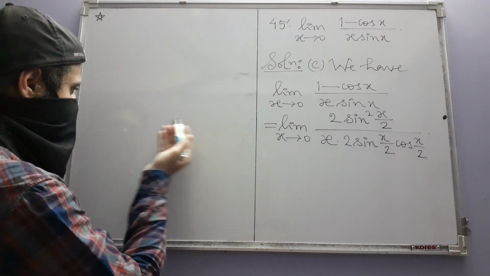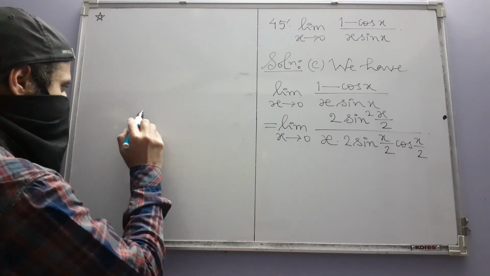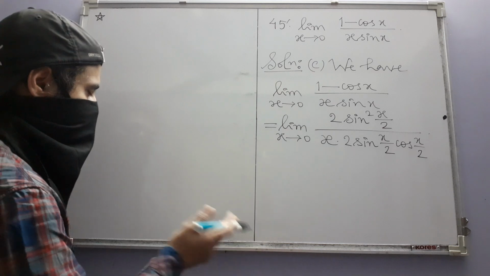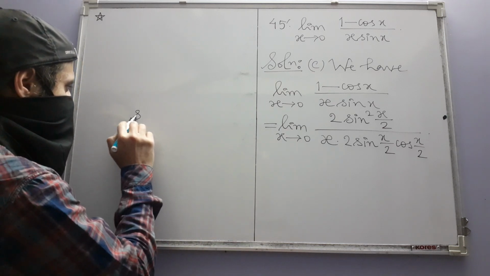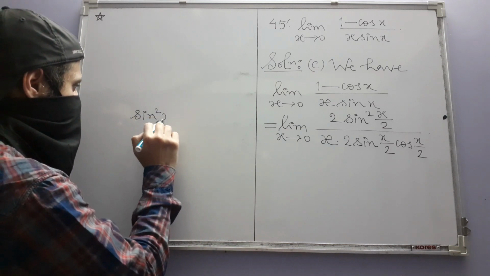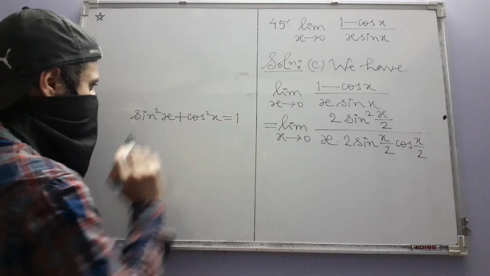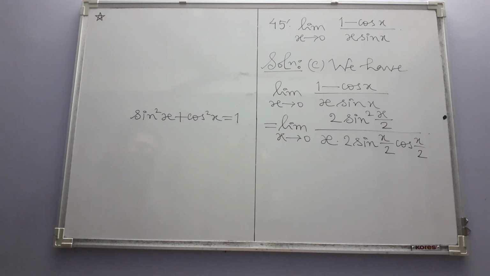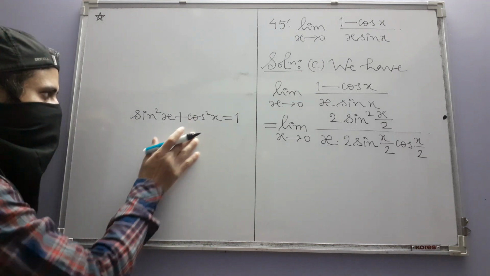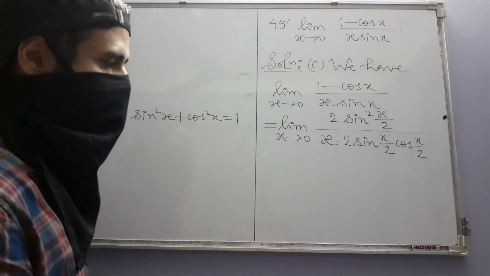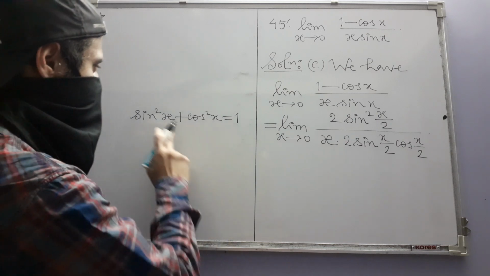The one that is very easy to remember, and that is something that we always know, is this. Right, this is something that we know, and it's a consequence of the Pythagoras theorem and the definitions of sine and cos.